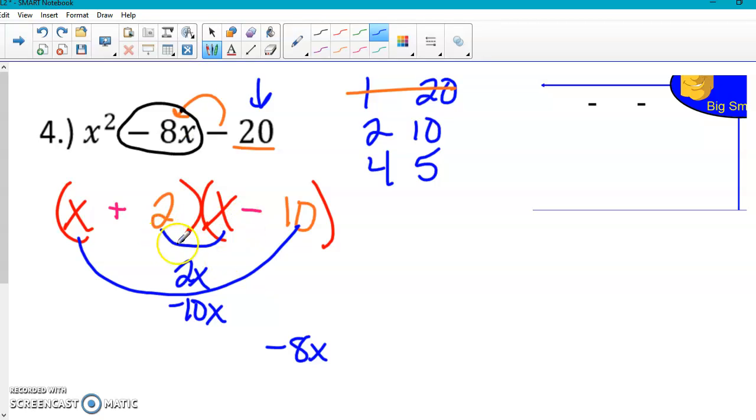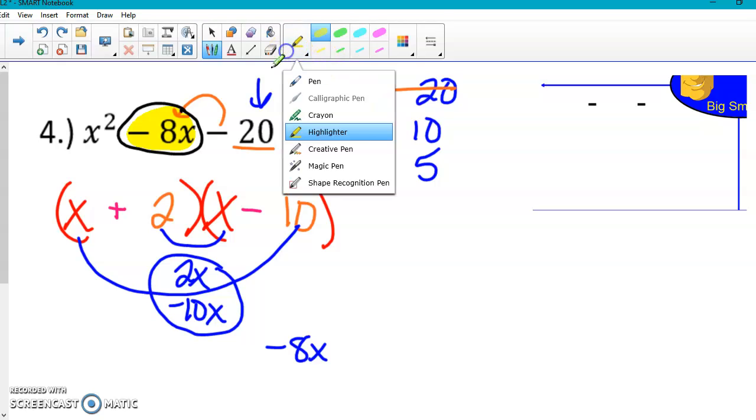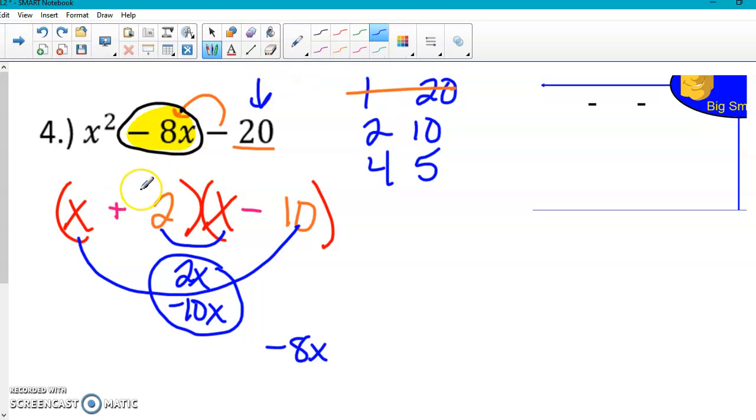When you do little smile, you multiply those. Big smile, you multiply these, and then you combine them together. So 2x minus 10x. That's how I got negative 8x. When you do little smile, big smile, it has to get you the number in the middle. So make sure you are working through each one of these, and please let me know if you have any questions or you need any help.